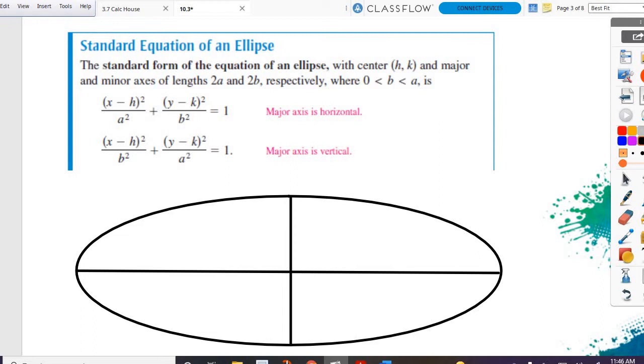And there's also a vertical ellipse, which is basically like if it was rotated 90 degrees, it would be going up and down. Their standard form equations are very similar. The only difference is that your A value is bigger, so it's going to be horizontal if the bigger number is under your X, and it's going to be vertical if the bigger number is under your Y.